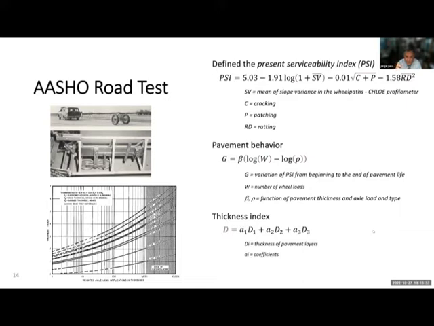So the quality of the pavement was not defined in terms of the bearing capacity that is important for us as road pavement engineers, but on what the user feels when they travel on the pavement. And also they defined the pavement behavior expressed in terms of the thickness index against the number of load applications. And that was the base for the definition of the pavement design method.